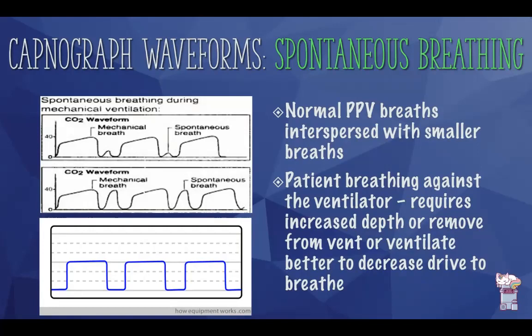Additionally, if a patient is painful or has an additional stimulus that is put in place while on the mechanical ventilator, you can have spontaneous breathing interspersed with mechanical ventilation. Again, assessing the patient's depth, analgesia, as well as other potential causes for an increase in ventilation are the ways to troubleshoot this waveform. Additionally, if the patient is able to ventilate on their own, maybe they do not need to be on the mechanical ventilator at that time.